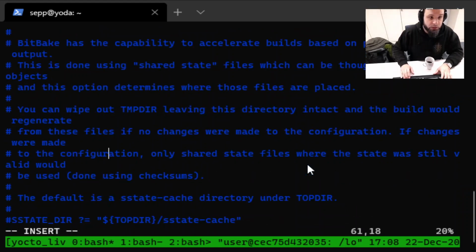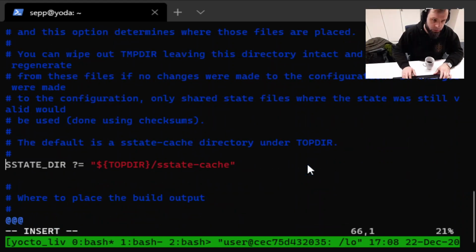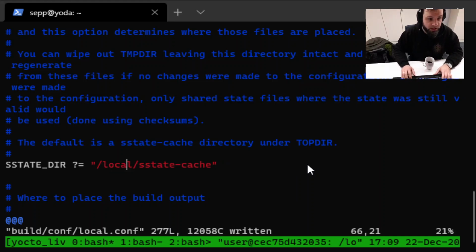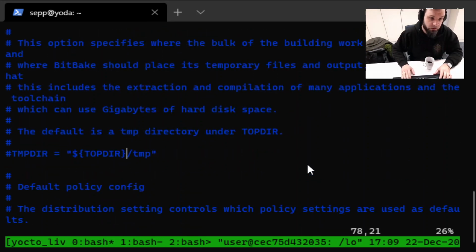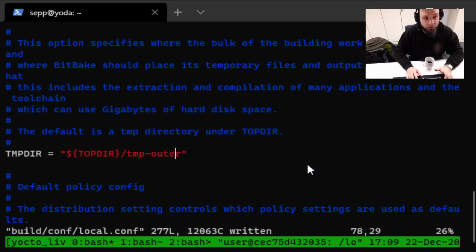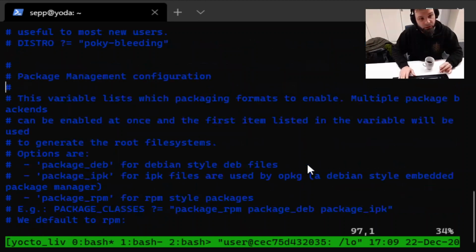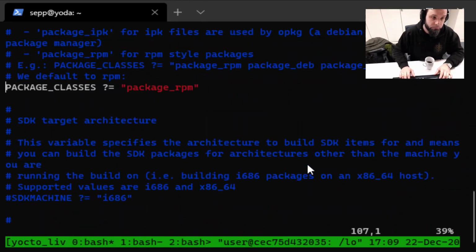Local downloads and local sstate cache. And so things don't conflict, because TMPDIR is identical otherwise. TMP outer. Okay, and now I want IPK. I always want IPK.